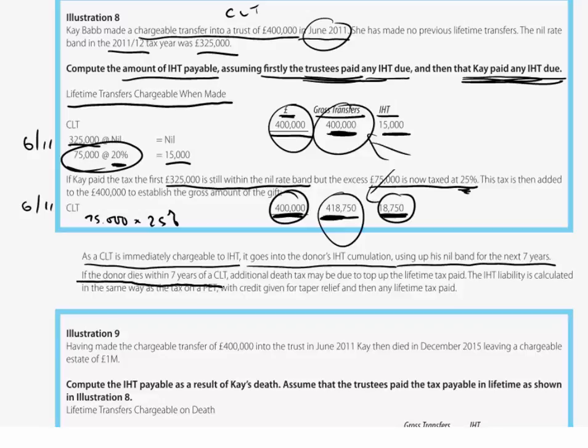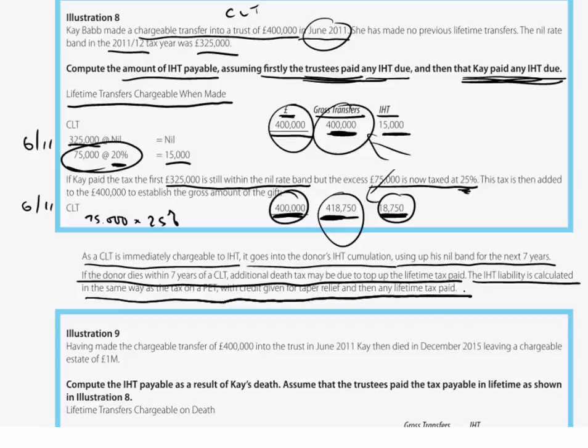If the donor dies within 7 years of a CLT, additional tax may be due on top of the lifetime tax paid. The IHT liability is calculated in the same way as the tax on a PET, and again with credit relief given for taper relief there, and we also deduct any lifetime tax paid in calculating any additional tax due on death, all of which is to come in the next illustration.